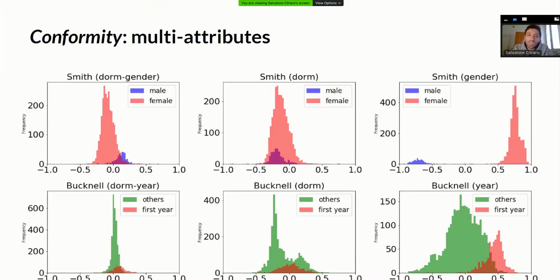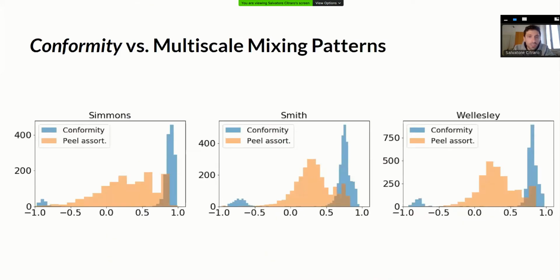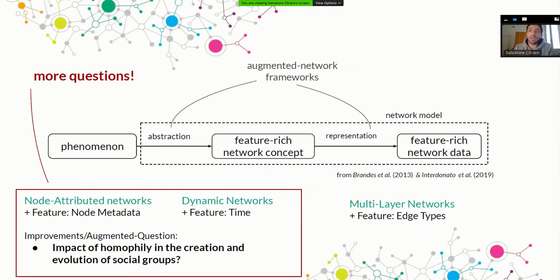But it is something that cannot be captured by the other measures defined so far, including the variance proposed by the multi-scale approach. This is a more technical difference between our measure and the multi-scale mixing pattern definition, but it's technical like the exercise, so I can skip it.